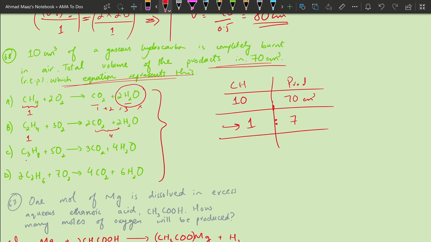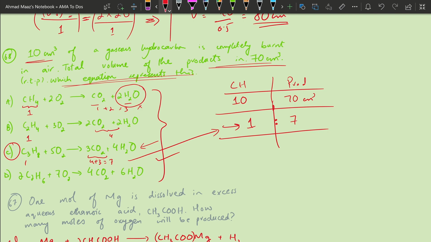Right, let's move on. 1 mole of hydrocarbon is giving 4 plus 3, 7 moles of gases. This is what we need. This is the right option, because in this equation we have 10 centimeter cube of hydrocarbon, and these can give 70 centimeter cube of the total products. That is what we needed.